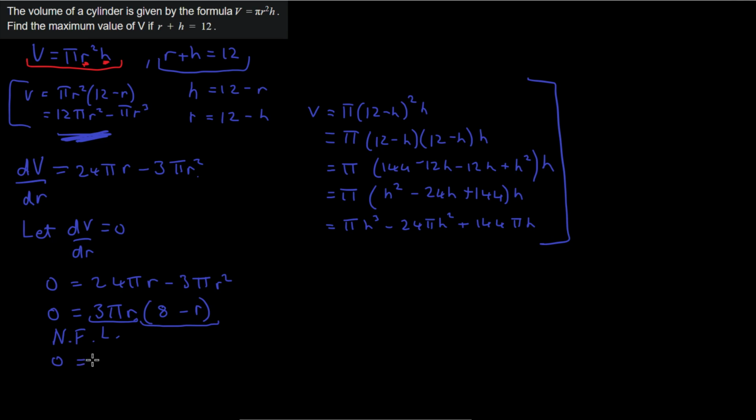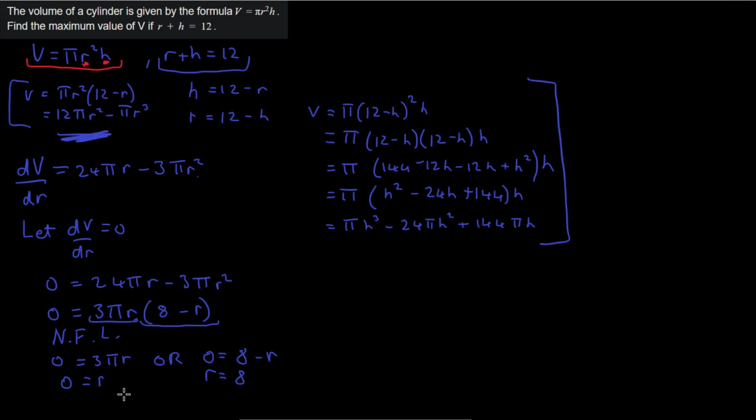So we can say that 0 equals 3 pi r. The 3 and the pi are constants. R is the only variable. That means r has to equal 0. And then we've got another option. Or we've got 0 equals 8 minus r, which gives us r equals 8. Both of these options would lead to the derivative, dv dr, equaling 0. But r equals 0, the radius equaling 0, that doesn't help.